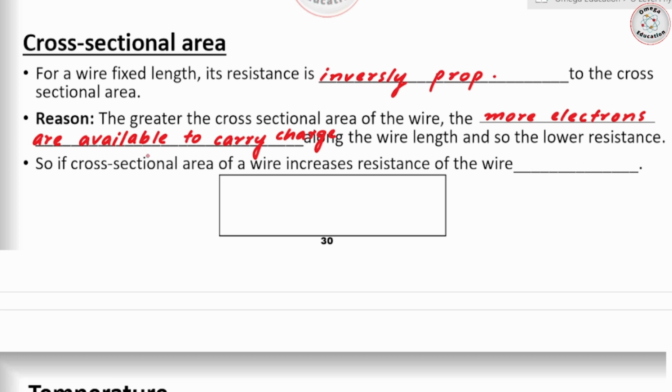So if the cross-sectional area of the wire increases, the resistance of the wire decreases. So the thicker the wire, the less would be the resistance. And mathematically, this can be written as resistance is inversely proportional to cross-sectional area.